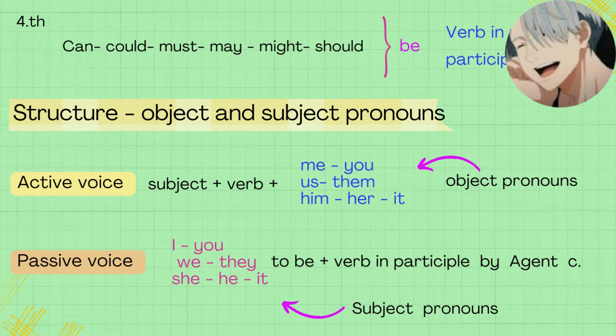For the structure, we have the object and subject pronouns. In the active voice, we have the subject, the verb, and if we have the object pronouns, me, you, us, them, here, hear it. In the passive voice, the object pronouns will become subject pronouns: I, you, we, they, she, he, it, and it is the same the other way around.